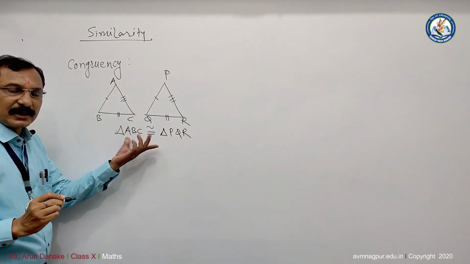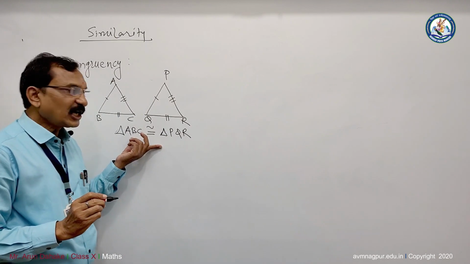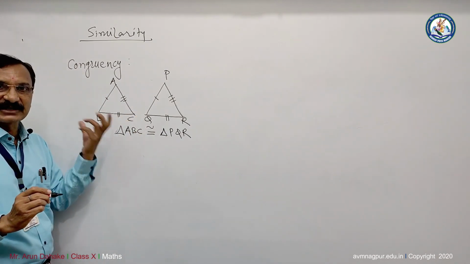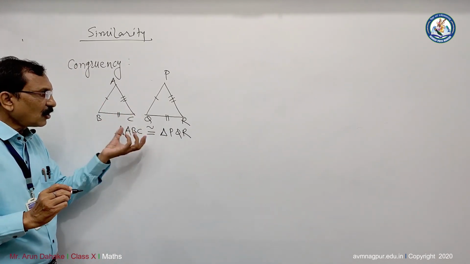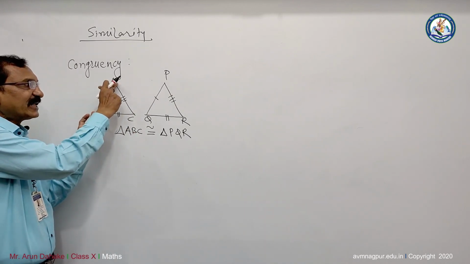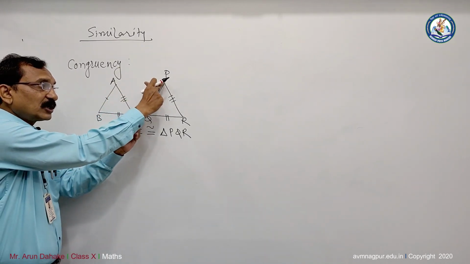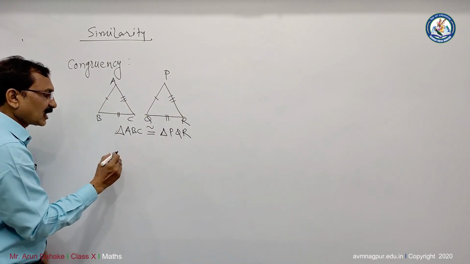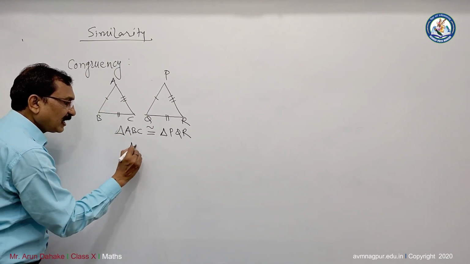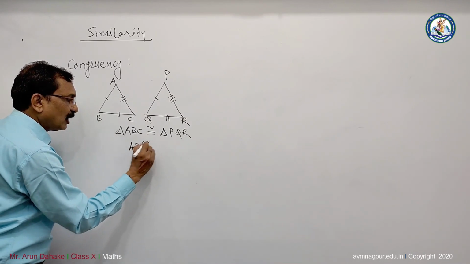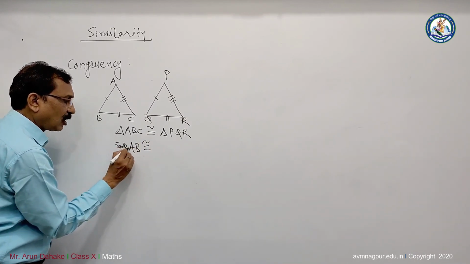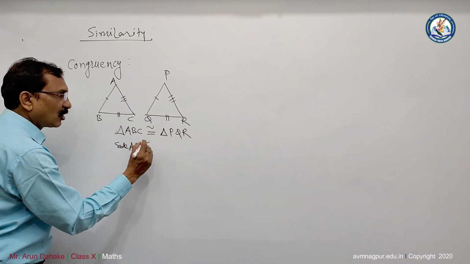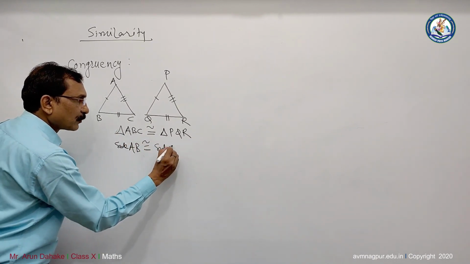Now what do you mean by congruency? Which have the same shape and same size, then it is called congruent. Suppose that AB is equal to 10 centimeter, then PQ is also equal to 10 centimeter. All sides and all angles are congruent. That means segment AB is congruent to side PQ.